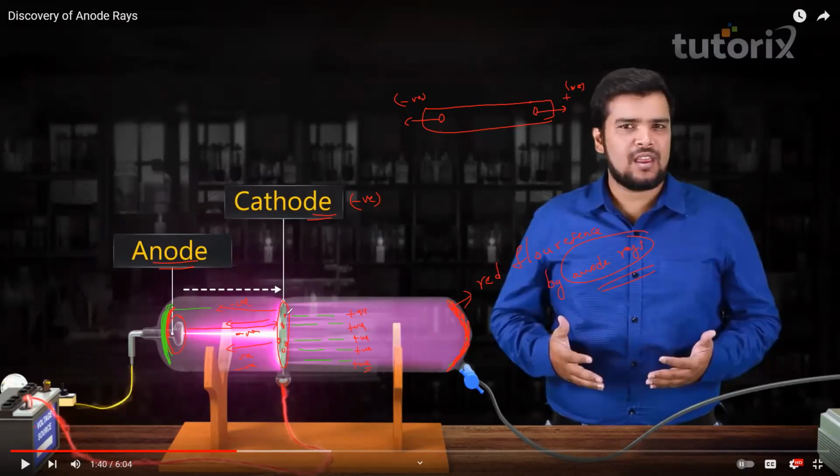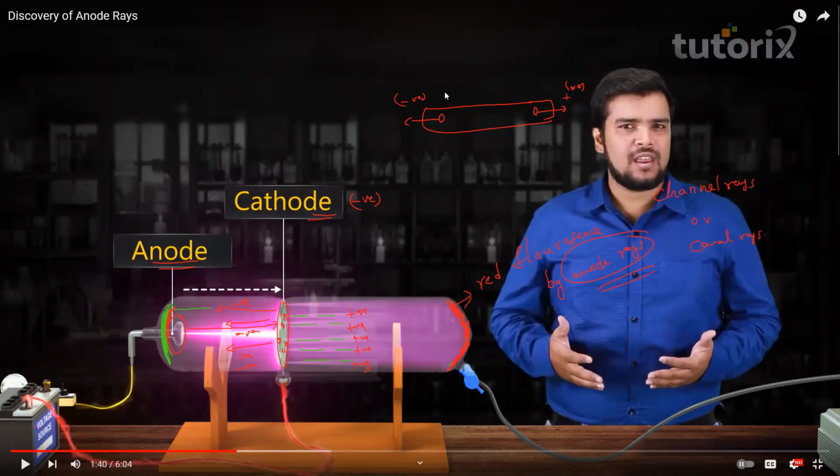As they're passing through the holes, canals, we can also call them what? As they're passing through the channels, what can we call them, guys? Channel rays, or we can call them canal rays. That is what you have to remember. I hope you all understand. Any doubt you can ask. Mukesh, clear?